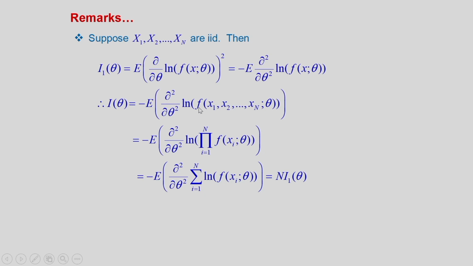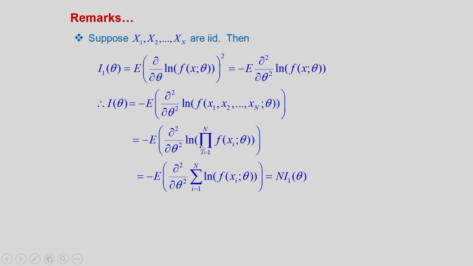So, now this joint PDF we can write in terms of marginal PDFs like this, as a product of n marginal PDFs. So that way this will be del 2 del theta square of log of the product of n marginal PDFs f(xi; theta).